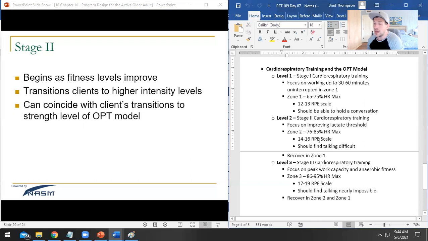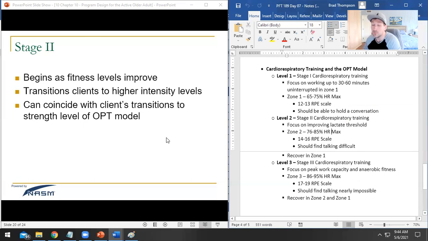And we're going to do that by training up to an intensity where we're creating lots of lactic acid. That's about 76 to 85% of your heart rate max, a 14 to 16 on the RPE scale. Talking should be difficult here. This is where it's like, okay, I can talk, but it's uncomfortable, right?